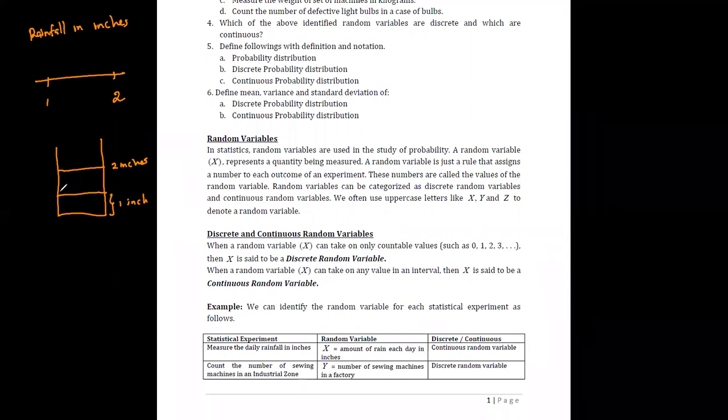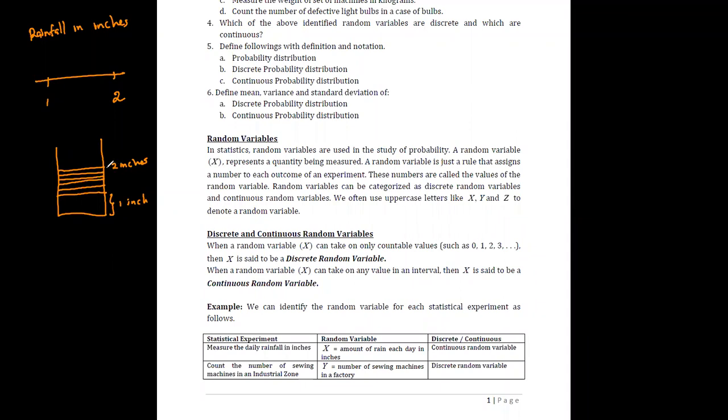It means that with time this 1 inch may become this point, then it may come up to this point. Likewise, we will have a gradual increment and reach the point of 2 inches.